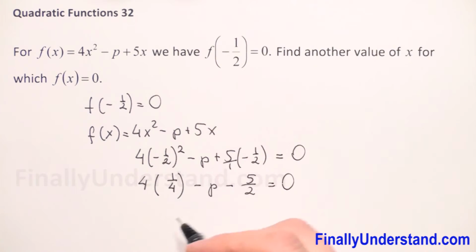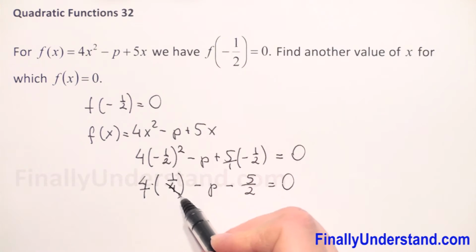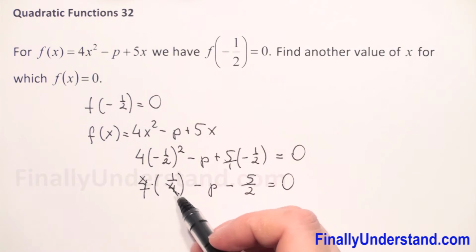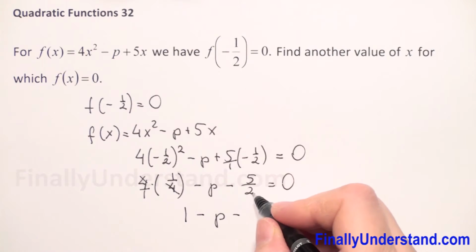This is equal to 0. Now we have multiplication: 4 over 1, we can reduce 4 with 4. So 1 times 1 is 1, 1 times 1 is 1. So we have 1 over 1 is 1, minus p, minus 5 over 2.